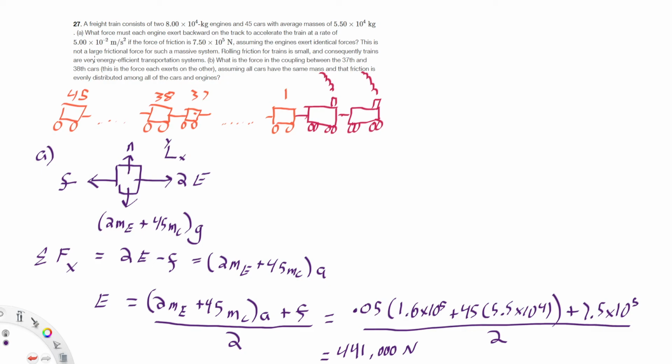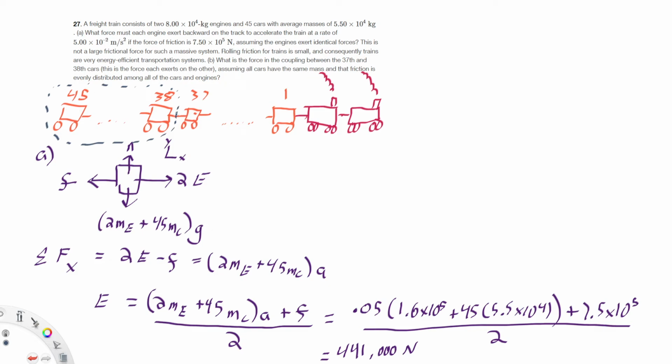Okay, thank you. Yes, and for part B, would we only consider the weight of 2 cars instead of 45 and just change that in that equation? Yeah, we're going to change the number of cars that we consider. Actually, for part B, let's make our system just cars 38 through 45.